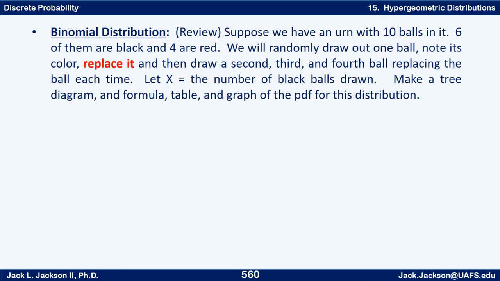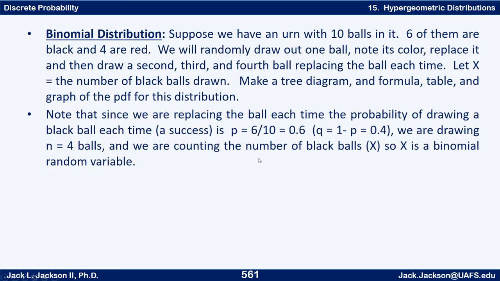Well, notice that the probability of drawing a black ball, which is a success, there are 6 of them, and there are a total of 10 balls, so the probability is 6/10, that's 0.6, or 3/5. So 0.6 is the probability of a success each time, and Q, which is 1 minus P, is 0.4.